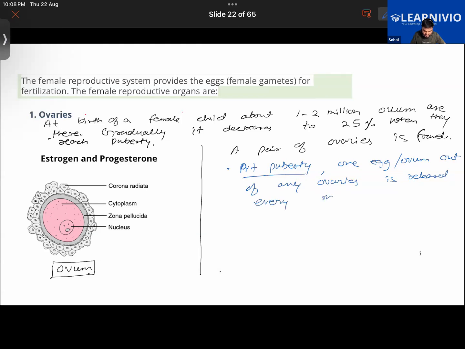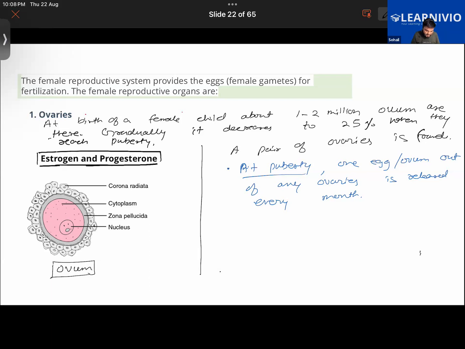Getting this so far? Then talking about the hormones produced by the ovary, they are mainly two hormones, namely estrogen and progesterone.